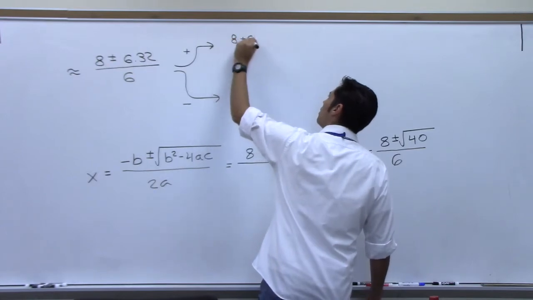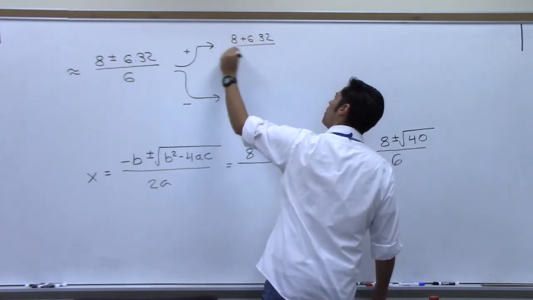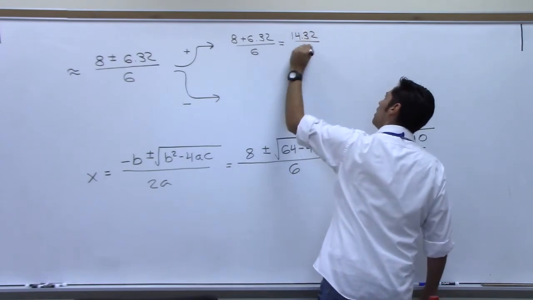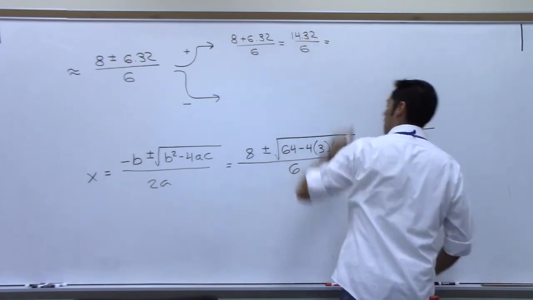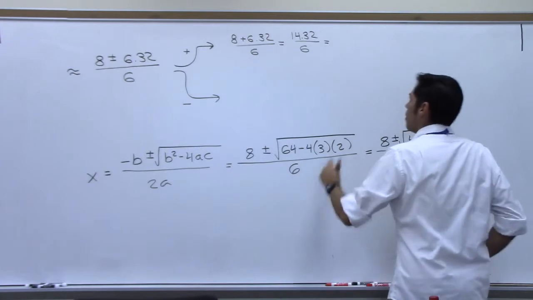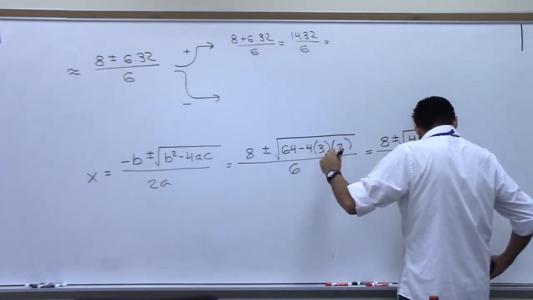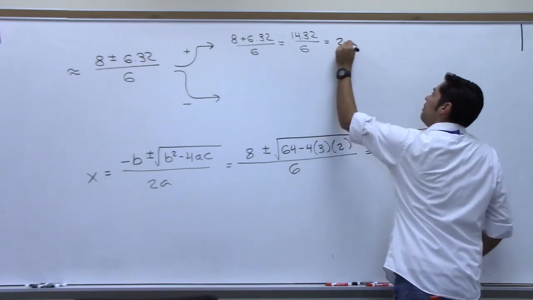8 plus 6.32 over 6. So 14.32 over 6, which is 2.38?